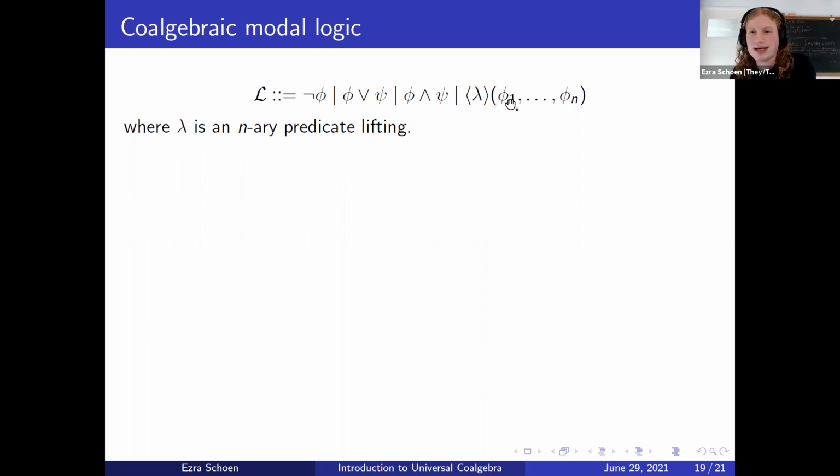You do need some unary liftings in order for this not to be empty, to get the inductive construction going. But you can have liftings of arbitrary arity also floating around. And so before constructing this logic, you need to specify beforehand some set of predicate liftings that you will be considering.